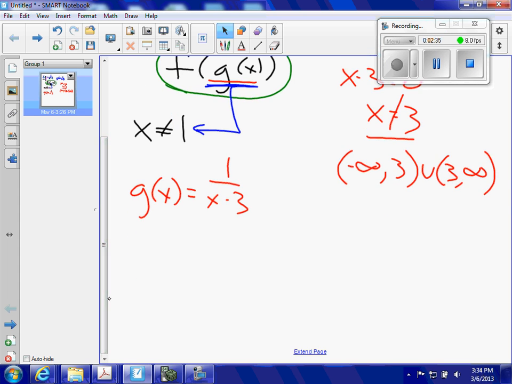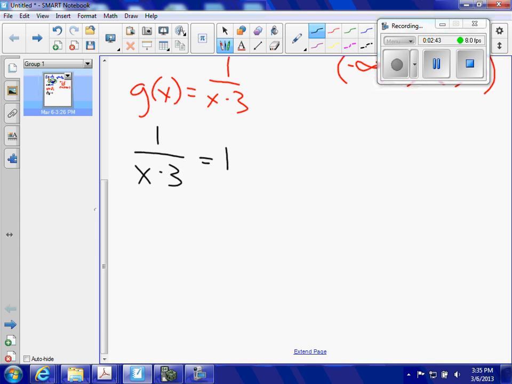And I'm going to set that equal to 1 so I can find out what I can't have for g of x. X minus 3 equals 1. I'll multiply both sides by x minus 3. That cancels out, and I have 1 equals x minus 3.